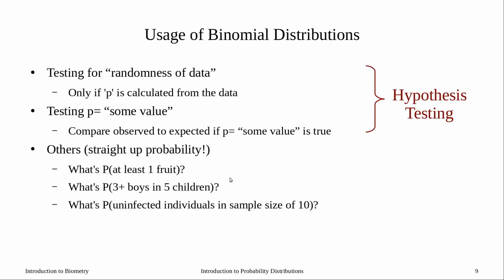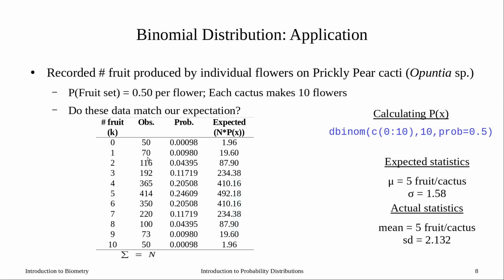The hypothesis testing that we can do comes in two different types. So one is, is our data random? This type of question assumes that our data actually follow the probability distribution that it should follow. So in our previous example, it should follow a binomial distribution.